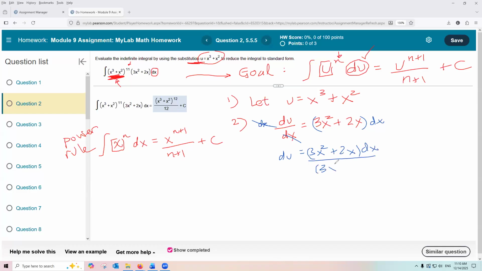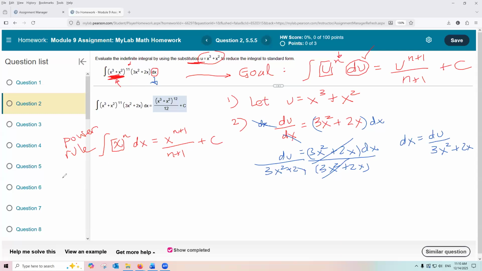I'll divide both sides by this parenthesis. So this parenthesis cancels, so I'm ending up that dx is du over 3x squared plus 2x. All right, there's another way to do it, but this is the way I tend to do it because, again, I want to convert this dx into a du expression.